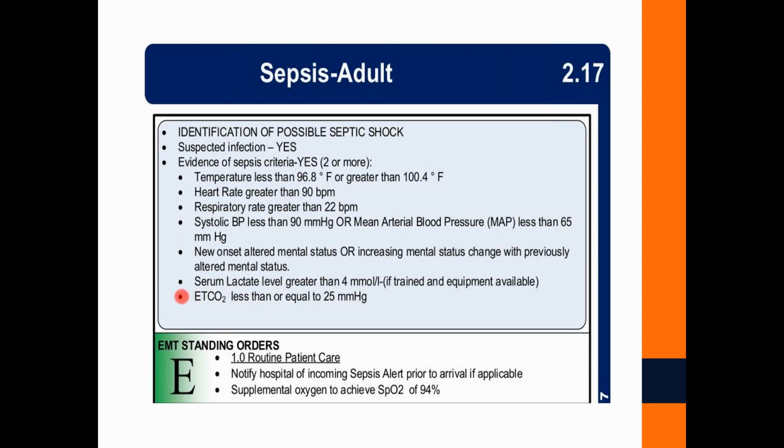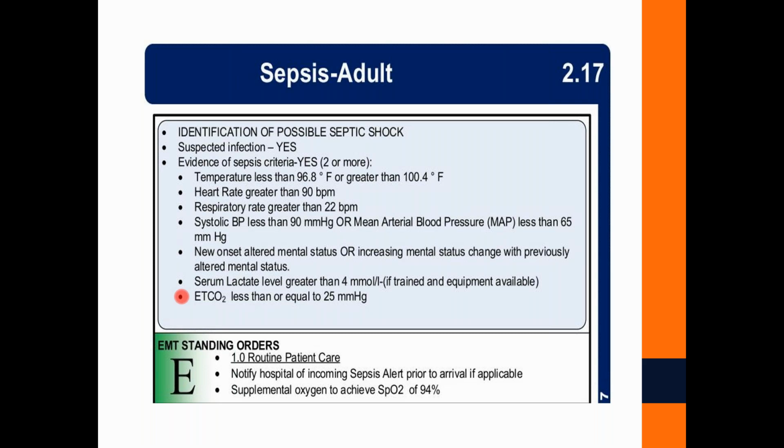But if we look at just the nuts and bolts of these top few bullet points, and we start to see, all right, my patient feels cold to the touch. They have an increased heart rate. They have an increased respiratory rate. They have a decreased blood pressure, and they are Looney Tunes. It stands to reason that we have a sick patient. We need to call in our sepsis alert.